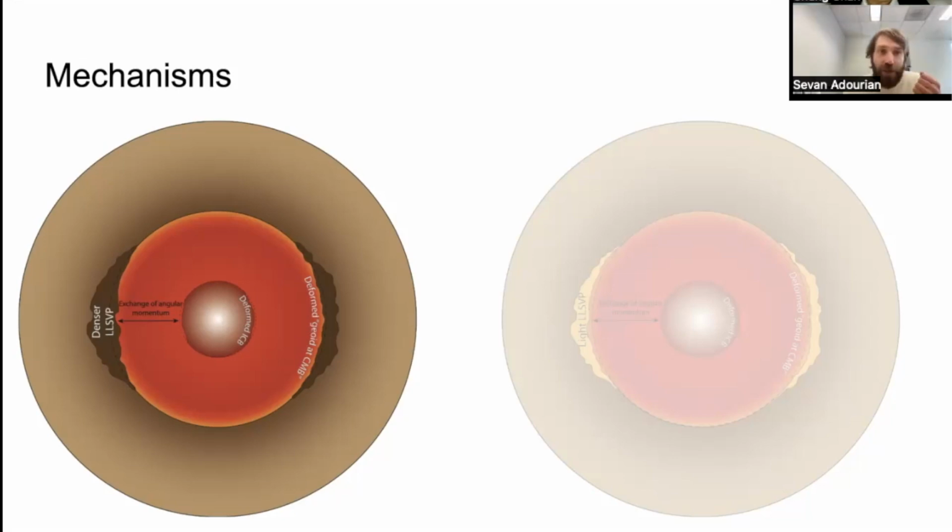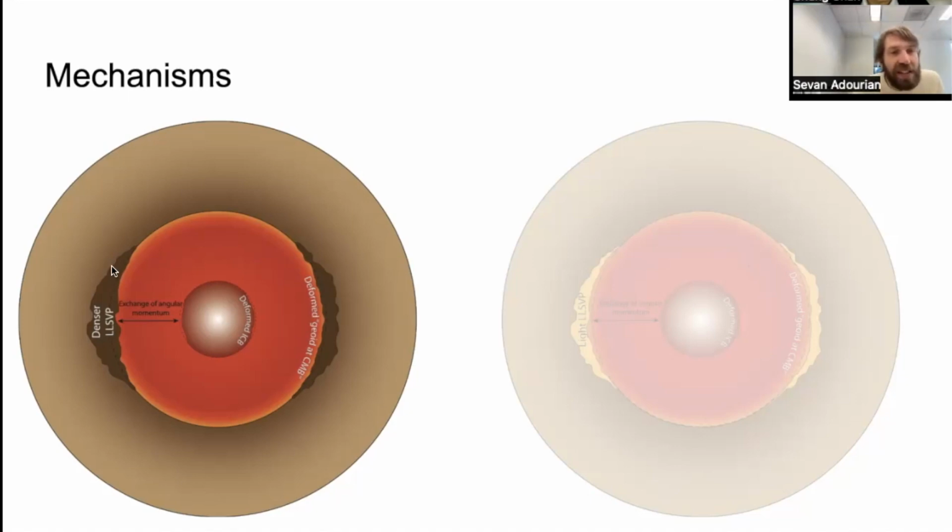And basically the exchange of angular momentum between the denser LLSVP and the inner core would generate this restoring force on the core that would then oscillate at a certain frequency, and this frequency might be seen in the length of day oscillation.